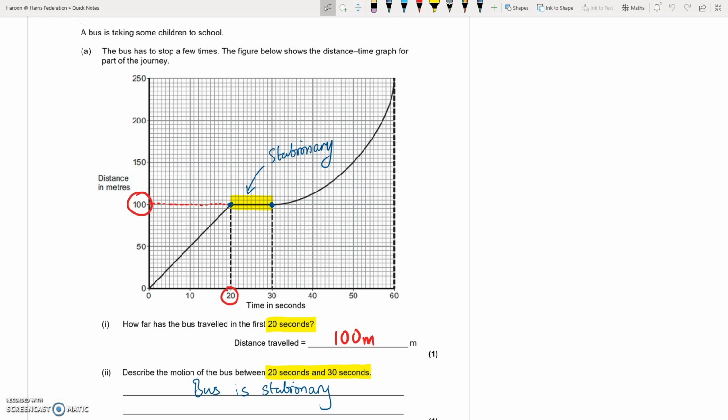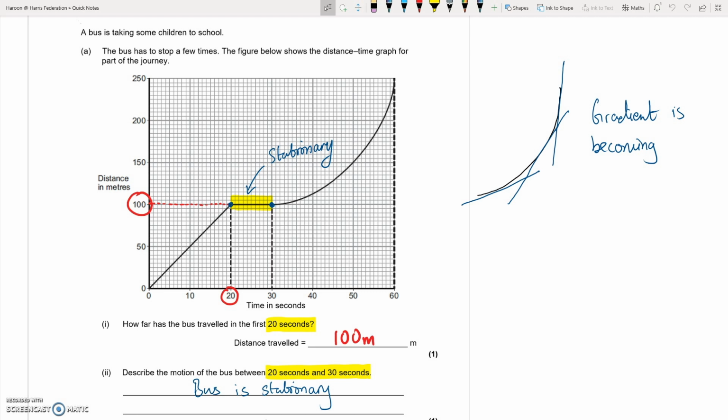So because it's curving upwards like this, I can see that my gradient, if I was to draw lines, I'll do that in a different color. That's a gradient there. It's another gradient there. And another gradient there. So I can see that my gradient is becoming steeper.